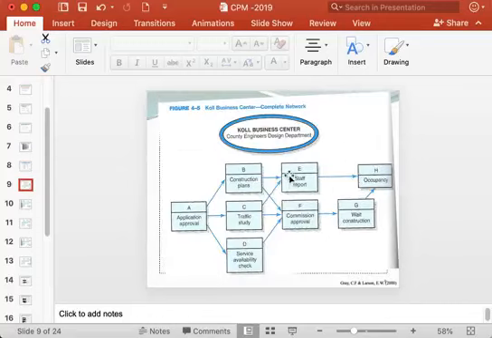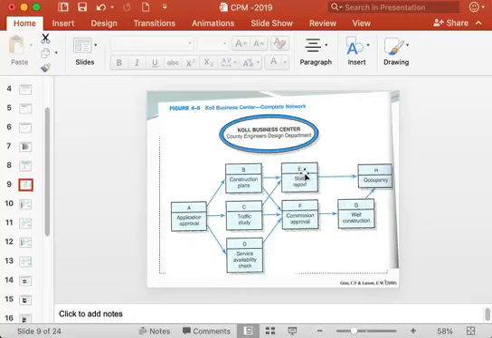So after completing B, E can start, and after completing C, E can start. So in this case, it means that E has to wait for both B and C to be completed.